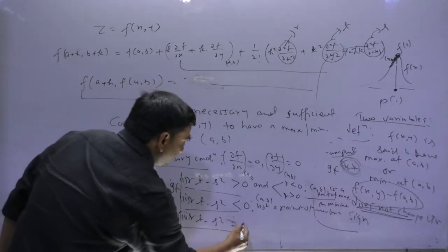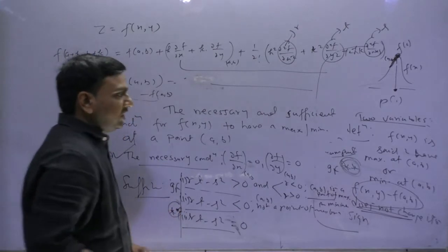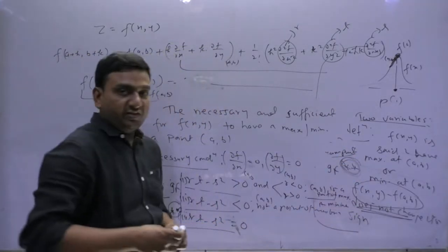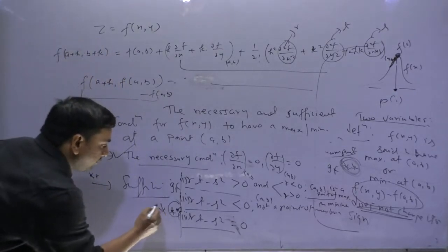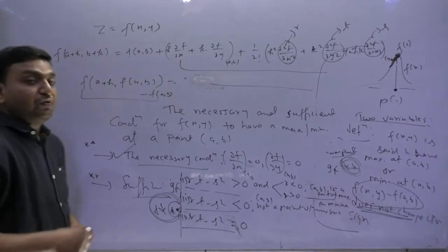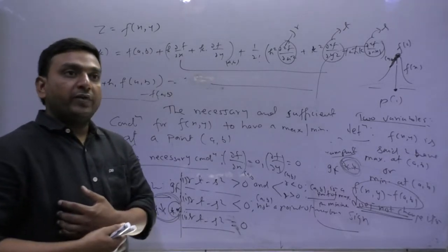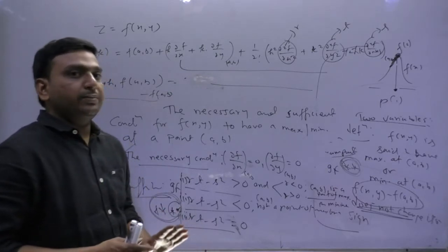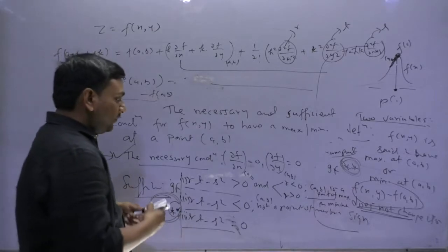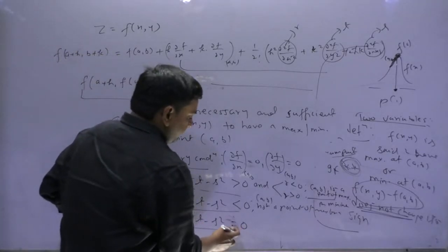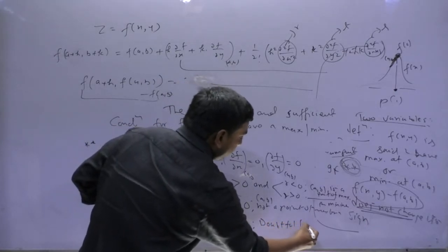Now the third case, this is very important, because of the theme which I told you, the change in sign of f of x comma y minus f of a comma b. Please mark 4 star here, very important for you, because here you get marks free if you are clear about this, otherwise you will be blank, honestly speaking. So if rt minus s square is 0, it comes out as a doubtful case.